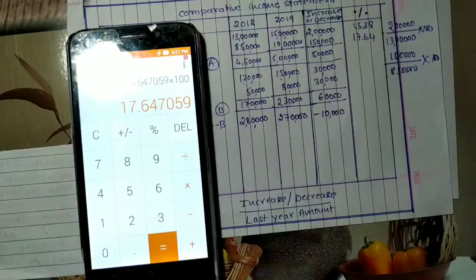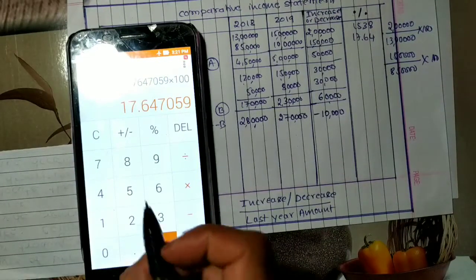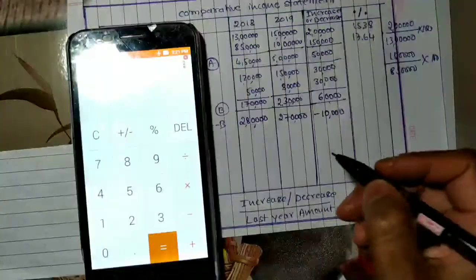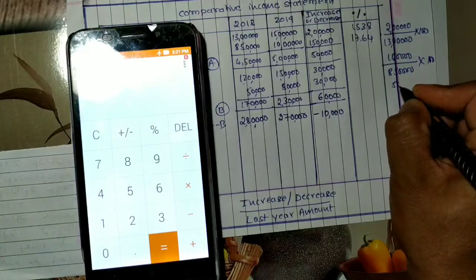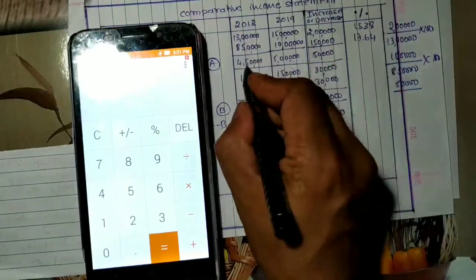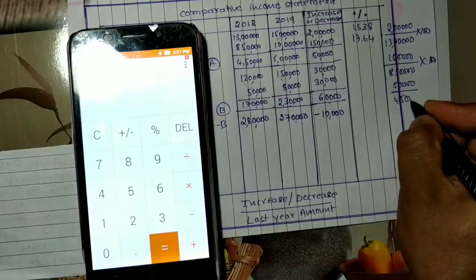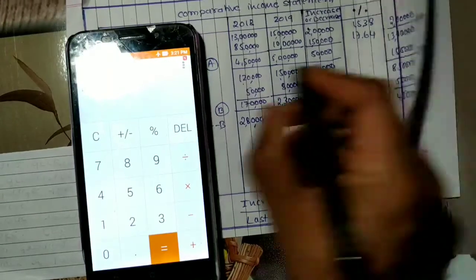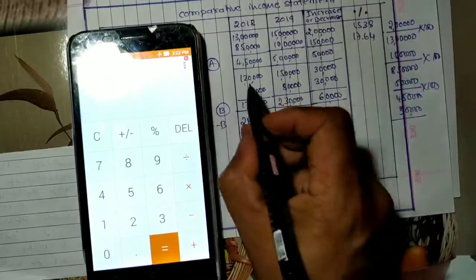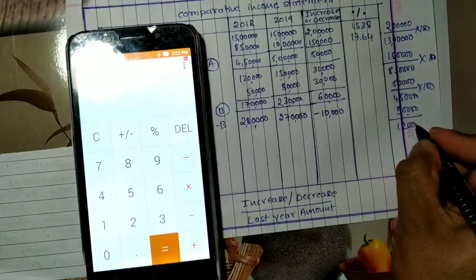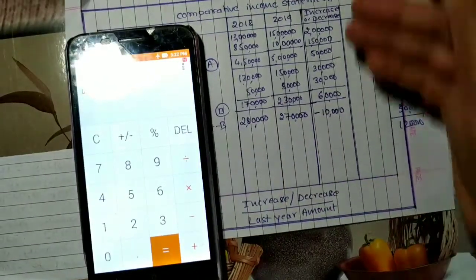17.64, right? In the same way, when you go on finding the percentage for everything, here 50,000 divided by 4,50,000 into 100. So here 30,000 divided by 1,20,000 into 100 goes on. You are going to calculate.